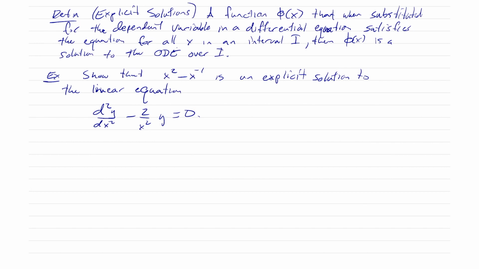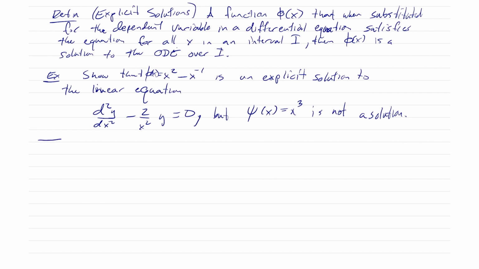All right. So show that this, what we're going to call phi of x, is an explicit solution to this differential equation, but psi of x equal x cubed is not a solution. Okay, cool. Let's take a look.